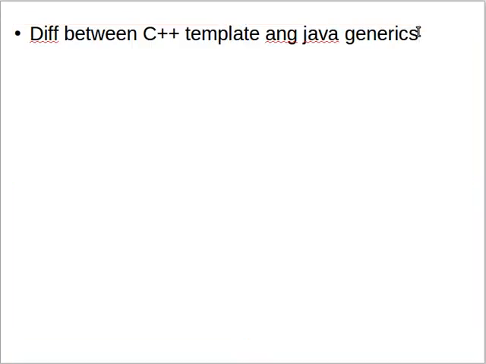Okay, let's see some differences between C++ templates and Java generics. So the first difference is for static variables and methods.